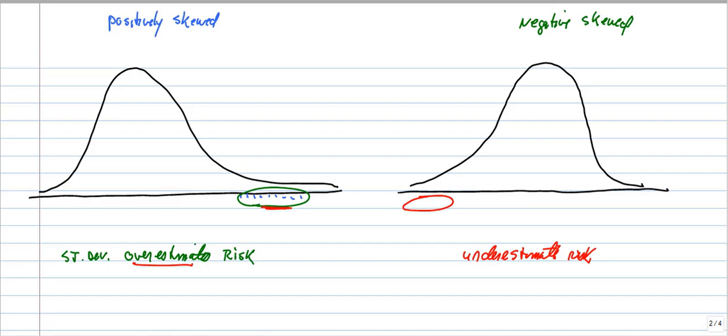But when the distribution is negatively skewed, standard deviation underestimates that risk. So those are two issues that we have to be concerned about.